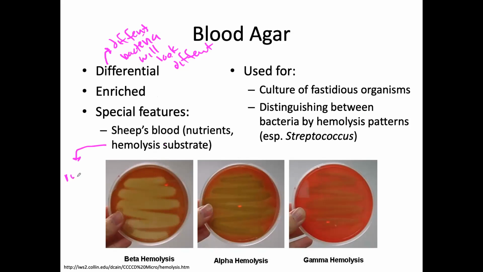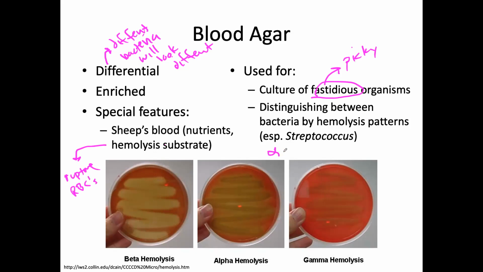Rupture RBCs. We can use it to culture fastidious organisms, meaning what? Picky.